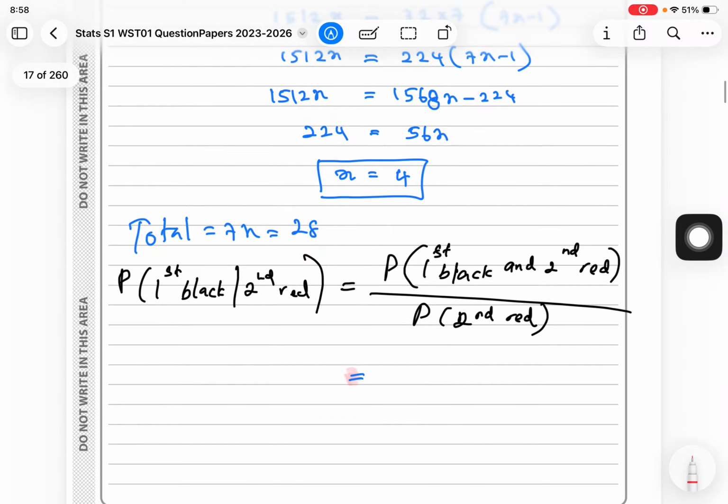If we come back here, the probability of getting a black and a red divided by the probability of the second red.